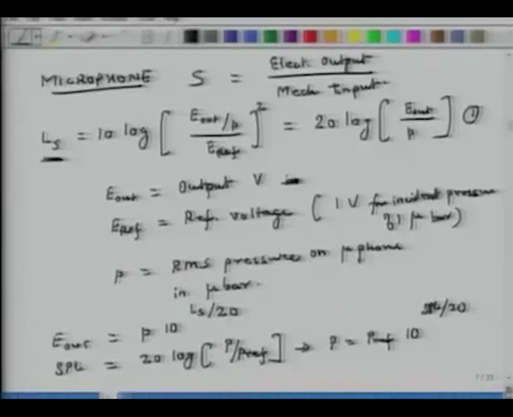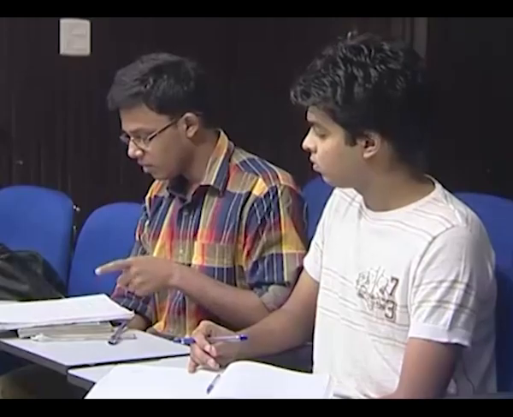So the answer to your question is that E over E ref becomes non-dimensional. And P is in microbars, which is again a number. E ref has also been defined for 1 microbar. So it's just a ratio, a non-dimensional quantity.